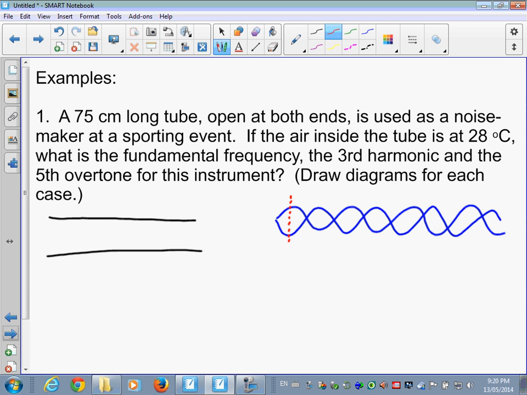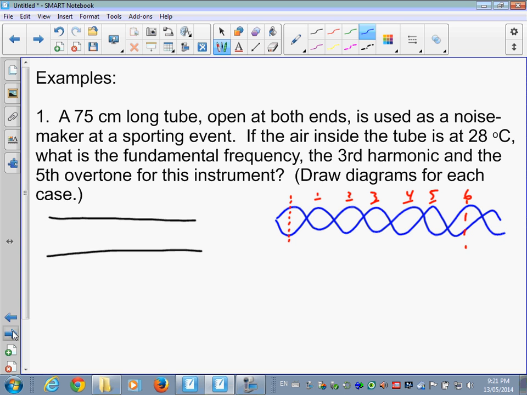So my fundamental would be right here, first harmonic, second harmonic, third harmonic. Well, the fifth overtone is actually your sixth harmonic. So think of one as the tone, there's your tone. This is your first overtone, second overtone, third overtone, fourth overtone or fifth harmonic, fifth overtone or sixth harmonic. So that's what your wave is going to look like.